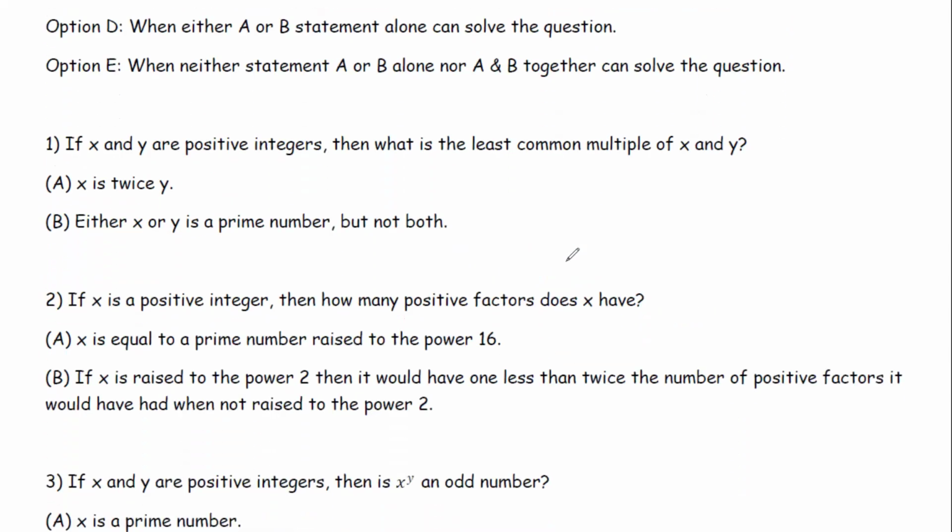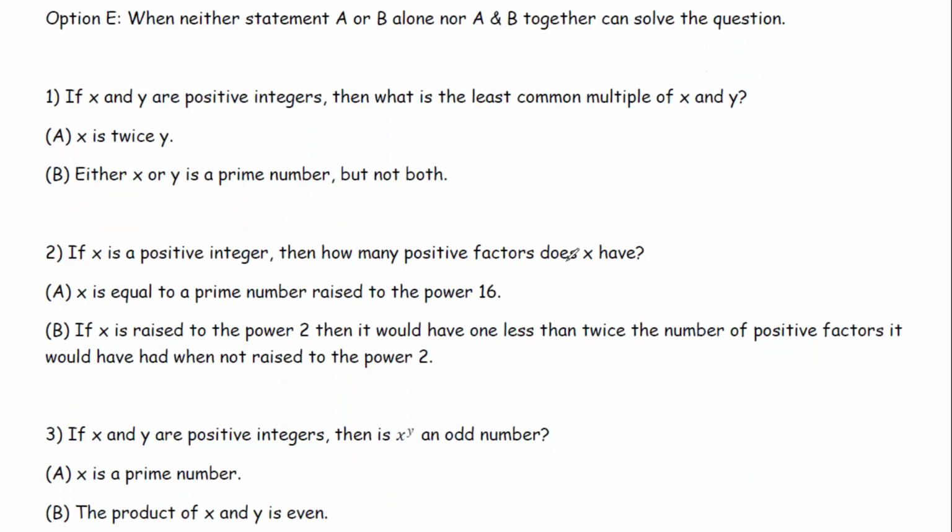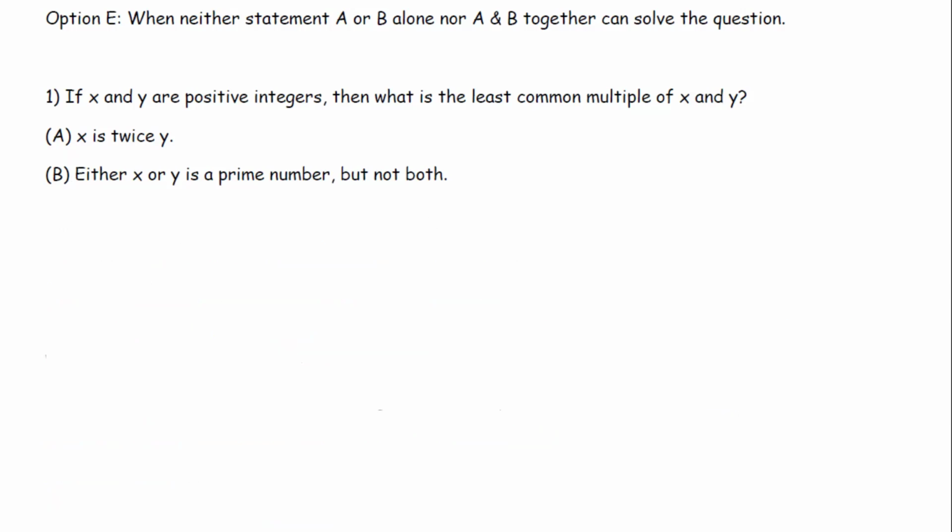First question. If x and y are positive integers, then what is the least common multiple of x and y? Statement A says x is twice y.